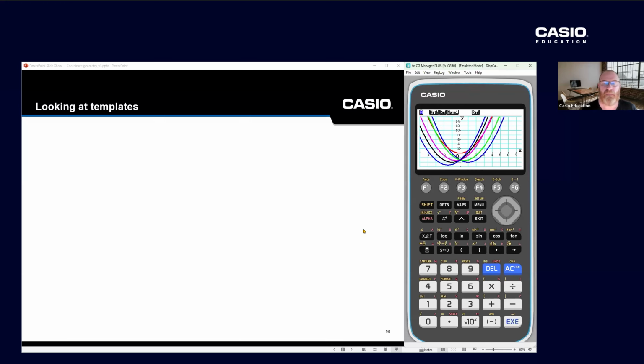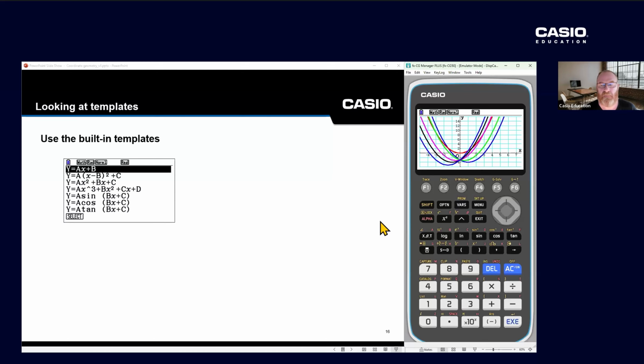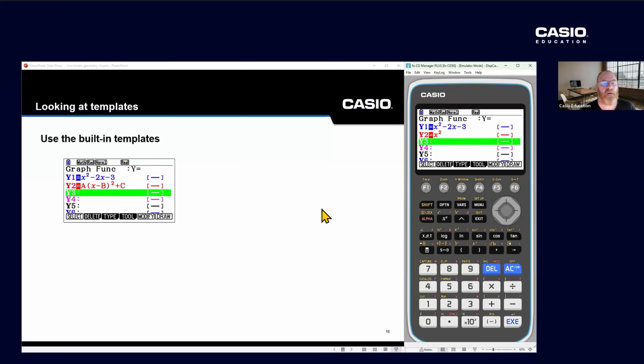We can now have a look at templates. You can use built-in templates if you like. I am going to delete these functions. Okay. I'm only going to enter my quadratic and a built-in template.